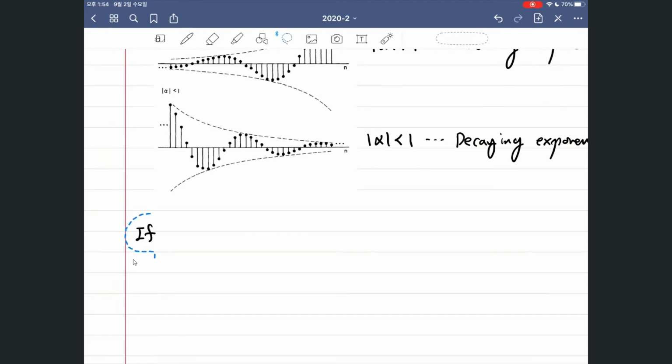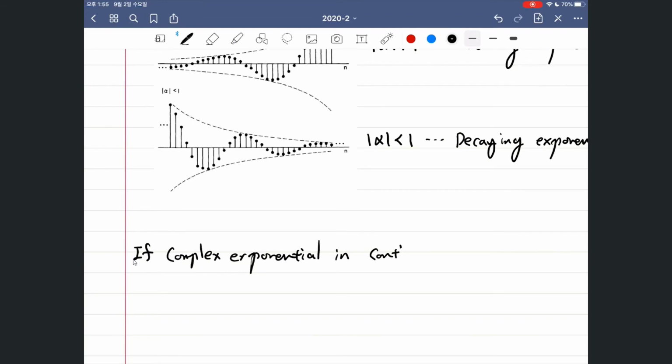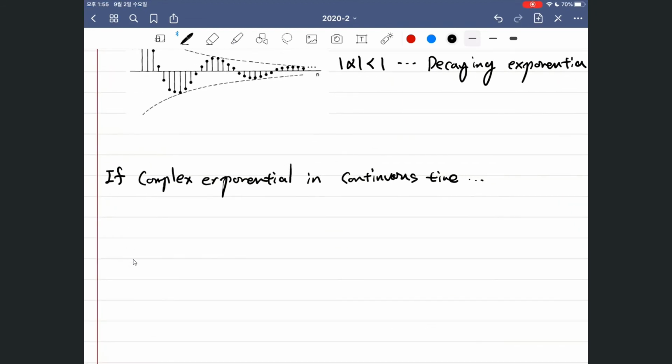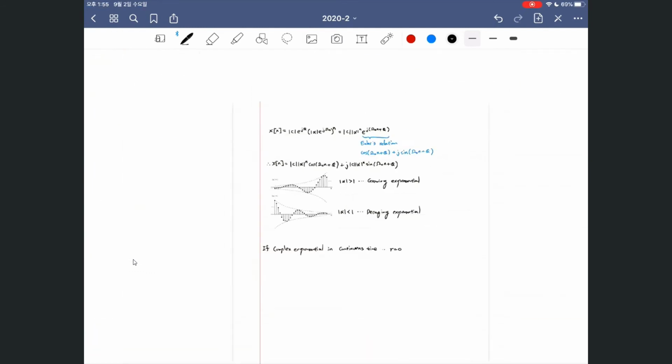If the complex exponential in continuous time has zero value for r, then what happens? Okay, I'm not going to rewrite the equation here, so I'm just going to copy it.